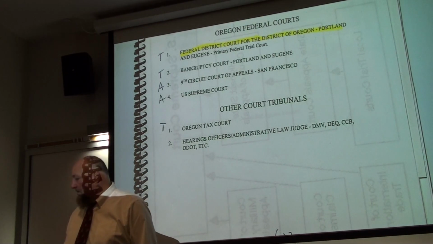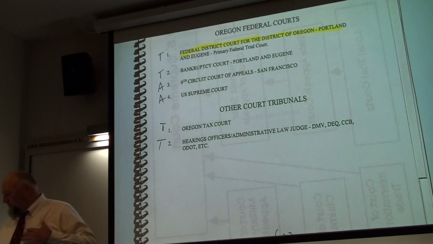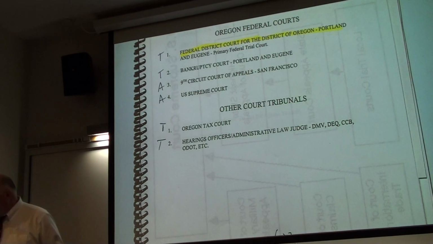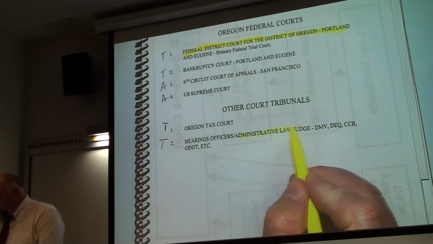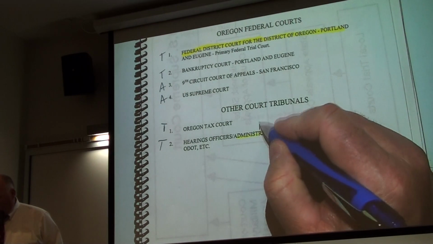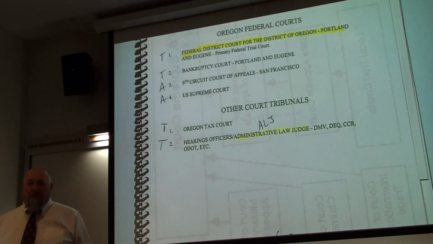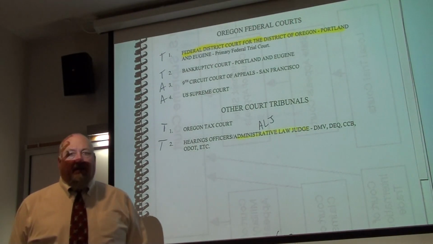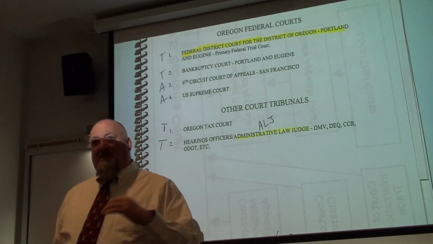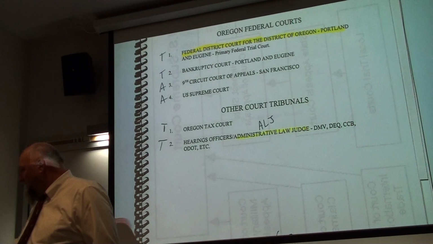And then we have what are called hearings officers or administrative law judges, sometimes called an ALJ. Let me explain that real quick because this is becoming an area of growth. It has been for about the last 25 years.